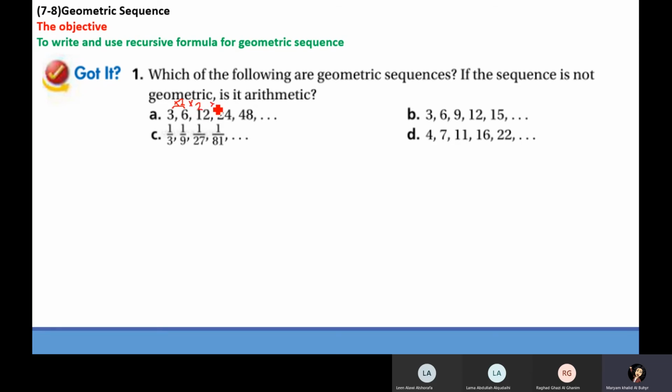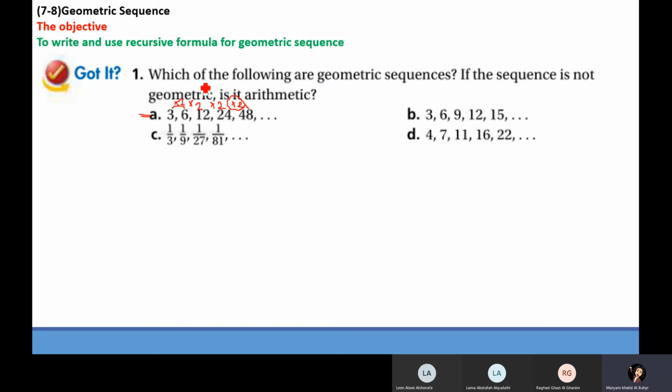Then times 2 again, we will get 24. Then times 2, we will get 48, and so on. That means here we have a common ratio, so this is a geometric sequence.